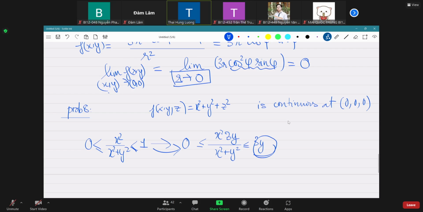Here you are using the squeeze theorem for the two variable function, right? I'm not sure if it is correct. Because I think we only have a squeeze theorem for one variable function, right?